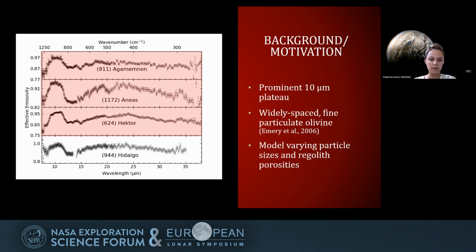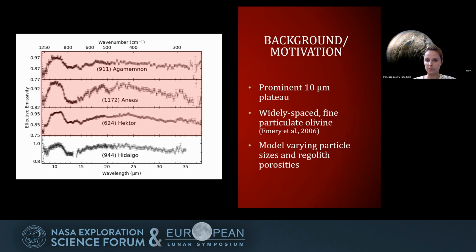In this work, I wanted to see whether we could model, using widely spaced fine particulate olivine, to explain the Trojan features. This is not an original idea. This was previously proposed by Emery et al. in 2006 as the cause of the 10 micron plateau, and also with cometary coma-like porosities.